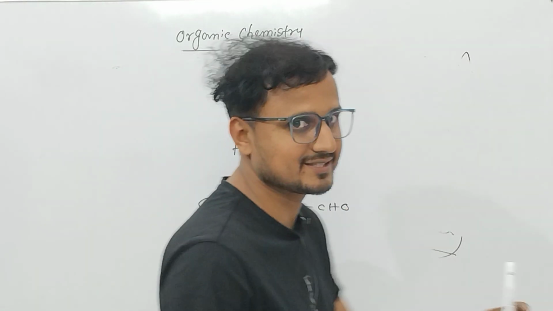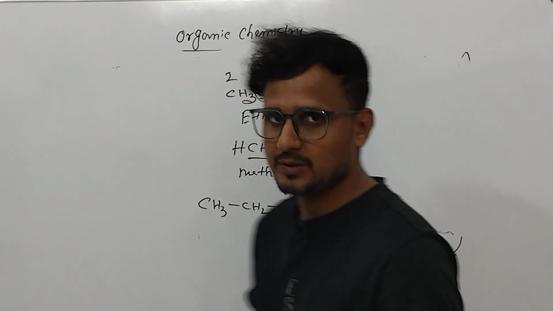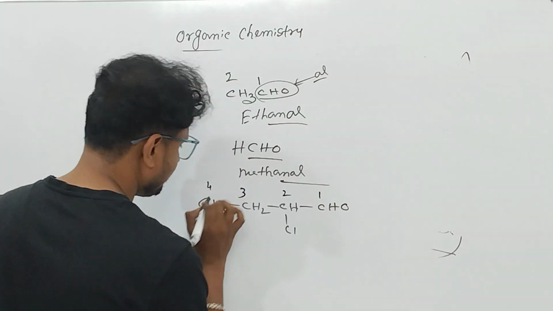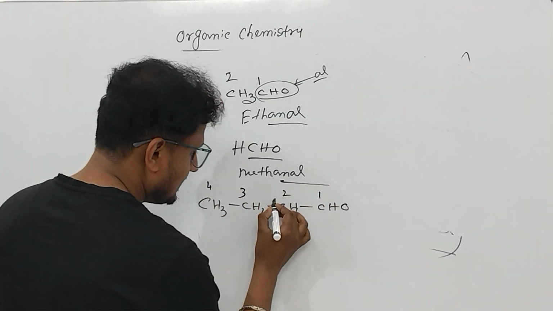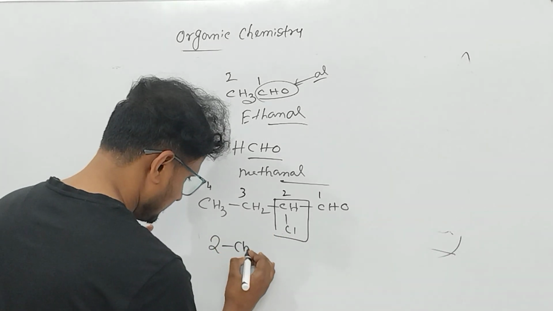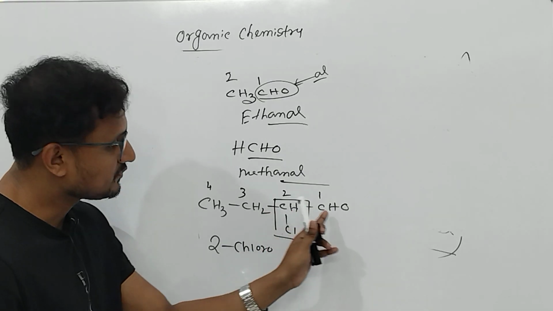Suppose this is given, mixed, a CHO group and a chloro. So you have to number from this end, right? 1, 2, 3, 4. This can be a prefix: 2-chloro. How many carbons? 4 carbons.